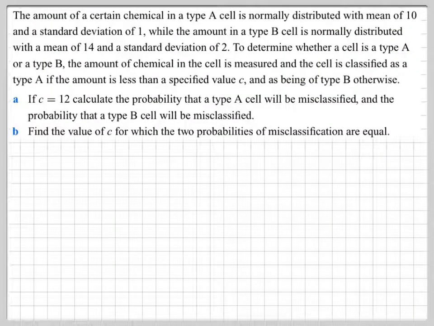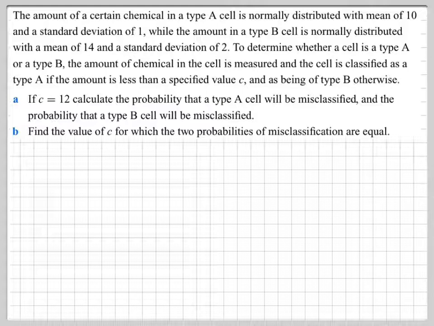Here comes the mega doozy. We've got a certain amount of chemical in a type A cell. I presume they're talking about a battery or something. It is normally distributed with a mean of 10 and a standard deviation of 1. Okay? While the amount in a type B cell is normally distributed with a mean of 14 and a standard deviation of 2.